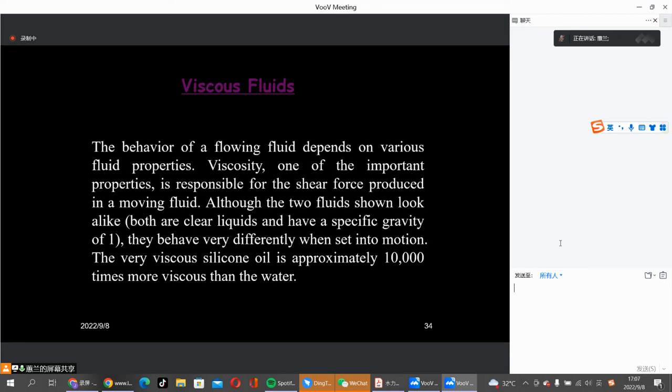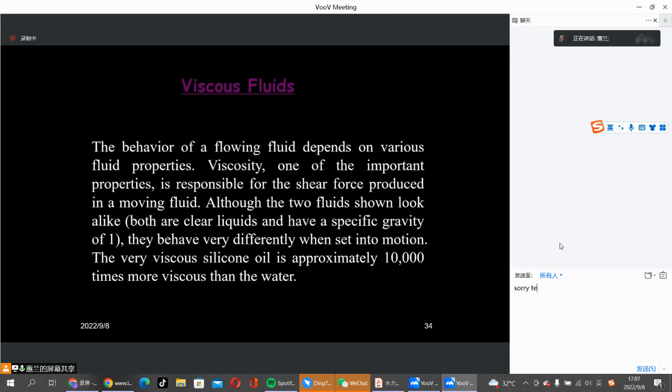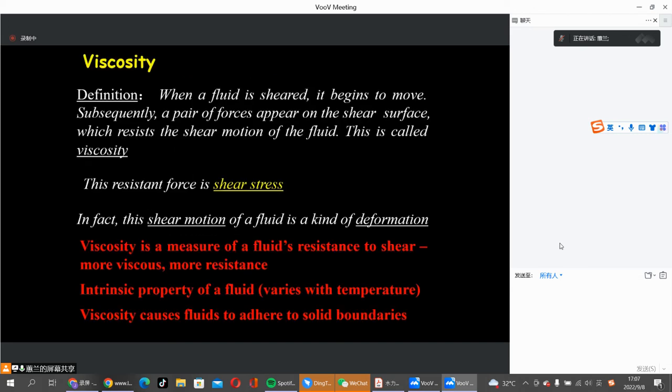Even though these two fluids look clear and have the same density, they behave very differently. So why is deformation easy for one and difficult for the other? We introduce a very important fluid property to describe the resistance to deformation: viscosity.